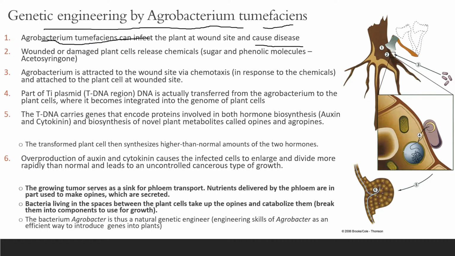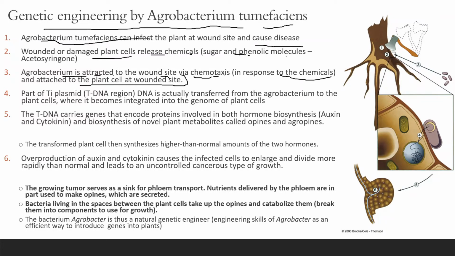Wounded or damaged plant cells release chemicals such as sugars and phenolic molecules, which can be acetosyringone. Agrobacterium is attracted to the wound site via chemotaxis, in response to the chemicals, and attaches to the plant cell at the wounded site.